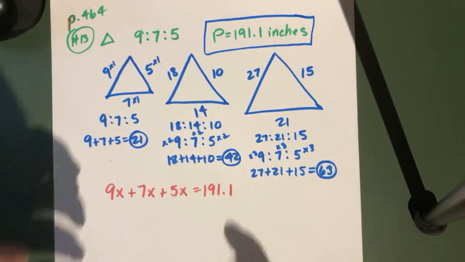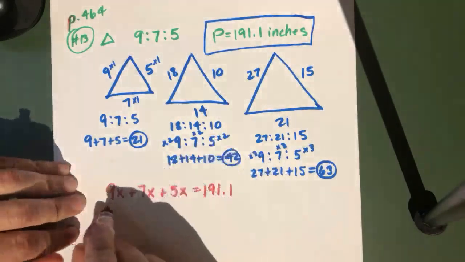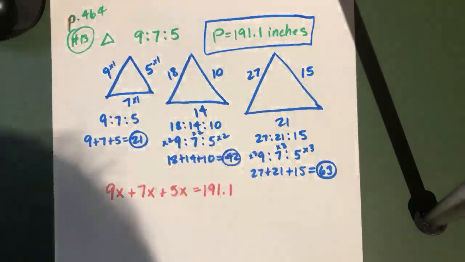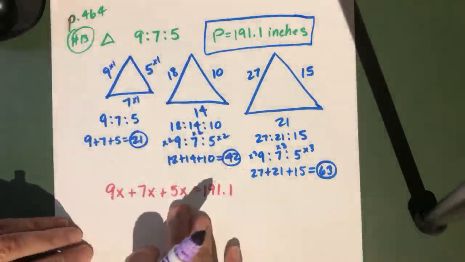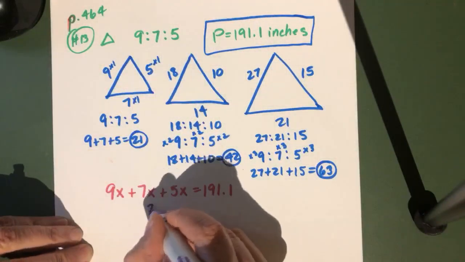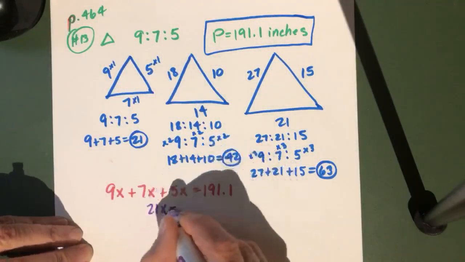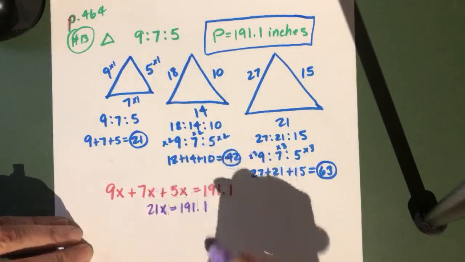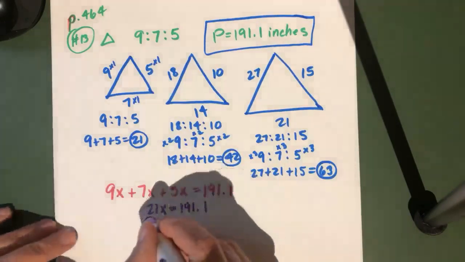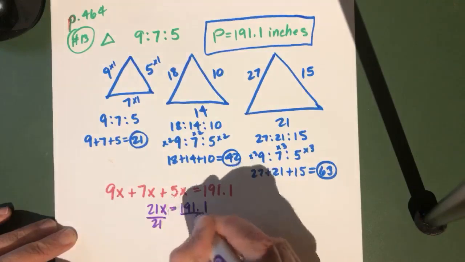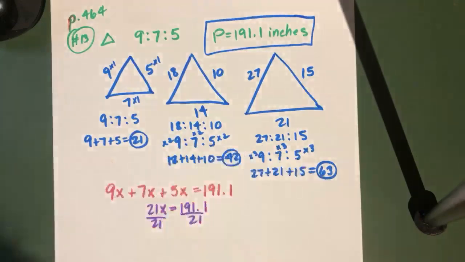Okay, and I just realized I don't have my calculator with me and I don't want to think tonight, so we might have to do a calculator thing. So I'm going to combine. I've got 9x plus 7x plus 5x, okay? So I've got 16x plus 5x. That gives me 21x equals 191.1, okay? After you do that, you're going to divide both sides by 21.